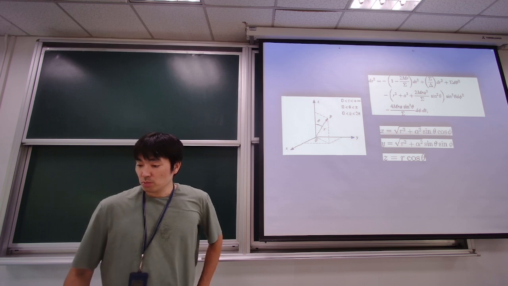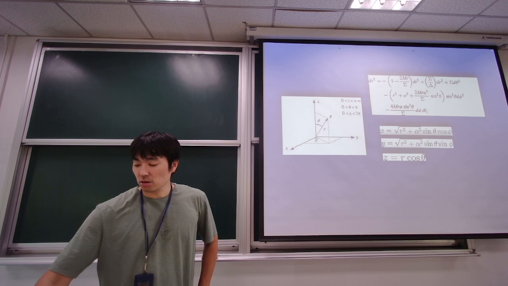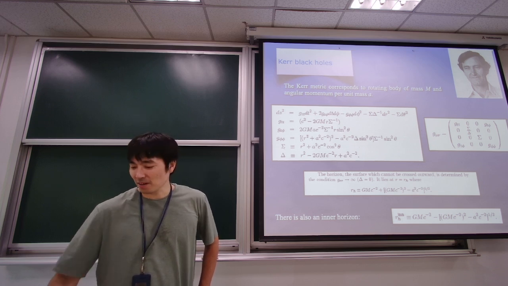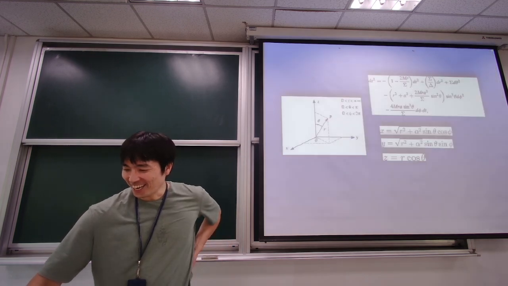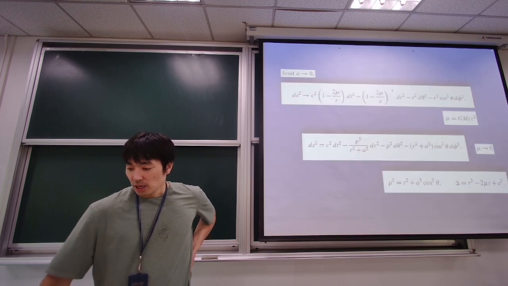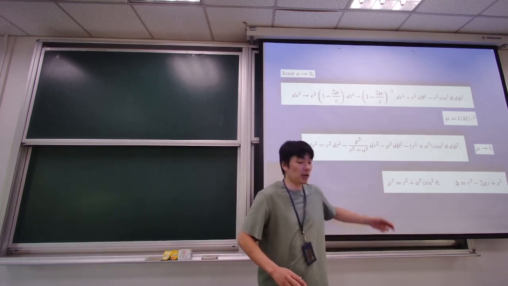One can move from this, which is called Boyer-Lindquist (BL) coordinates. I don't know how to pronounce the other one anyway. And then from BL coordinates to Kerr-Schild coordinates, you need to change this kind of variable, and then you will encounter the ring singularity.